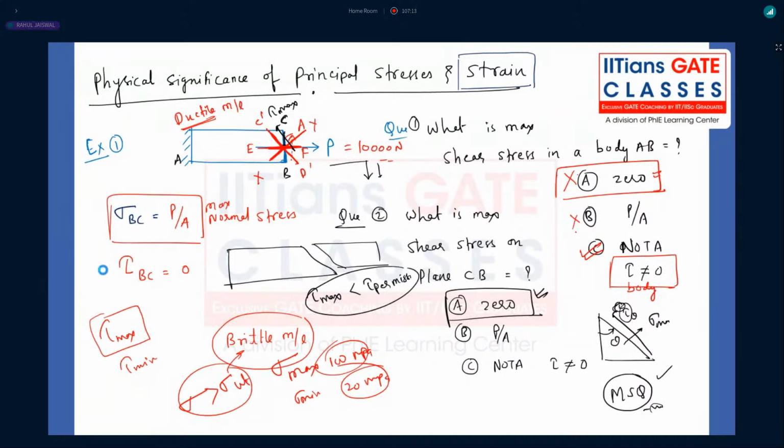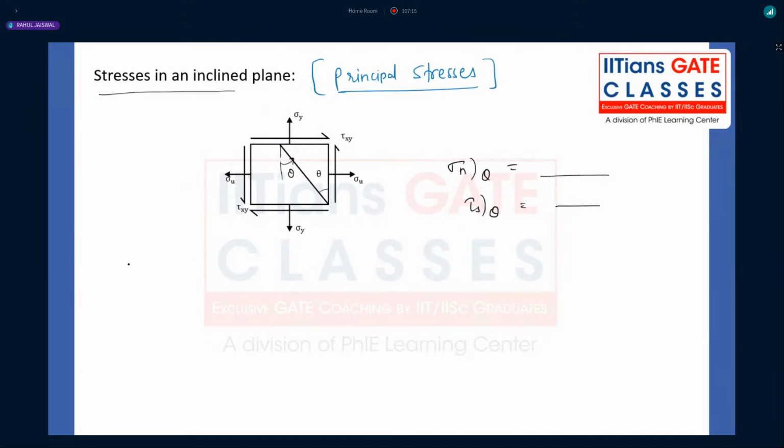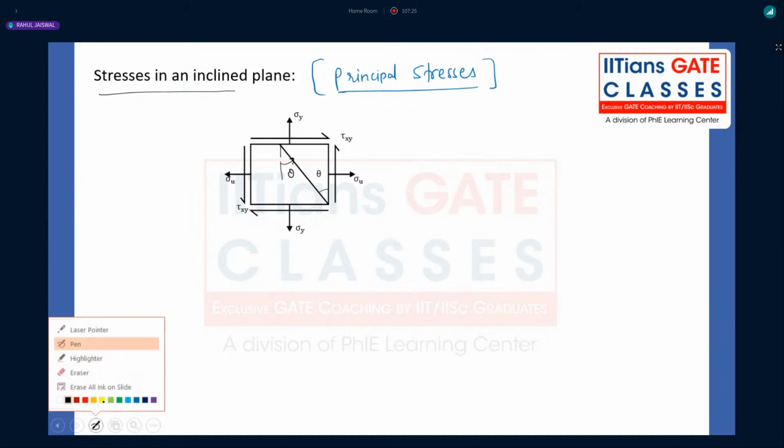Now, note down this particular diagram. Notations are very important. Whatever sign convention I will be mentioning is once again very, very important.